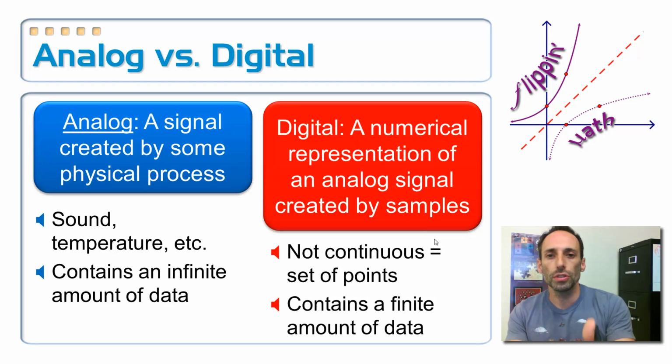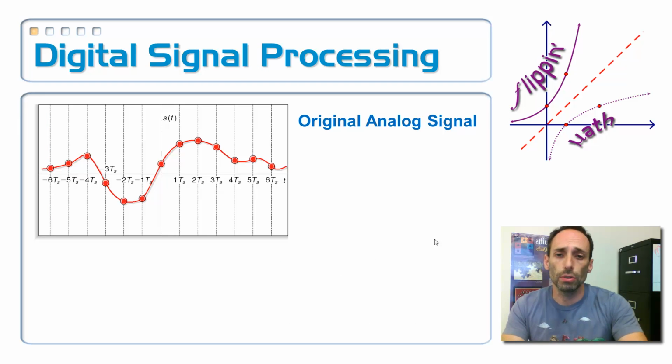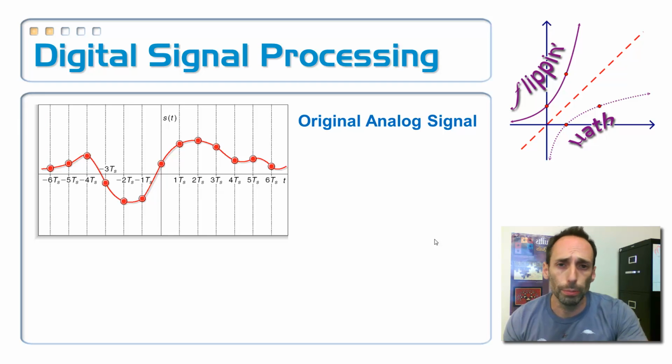And that's what digital signals are all about. You take samples, and if you take enough of them, you don't miss all the missing information. Okay? And this is not a continuous set of points. It's a discrete number of points, and it contains a finite amount of data. And this is what you want whenever you have a computer, because you can't store all that data in the computer or your MP3 player or whatever.